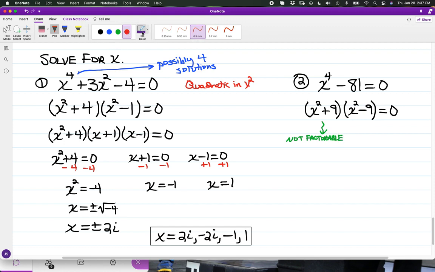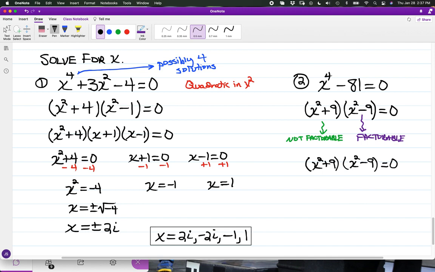And in terms of x squared minus 9, because we have a difference of squares, that one is factorable to x plus 3 and x minus 3. But what I'm going to do here in the follow through is just apply the square root property of equality for both sets of terms.